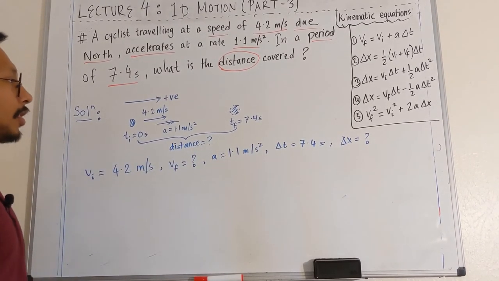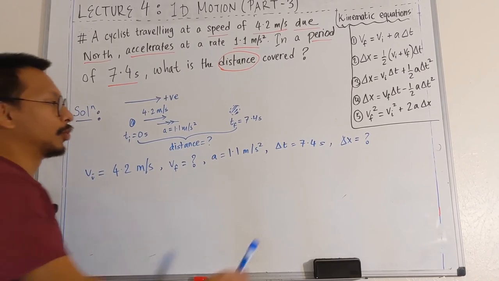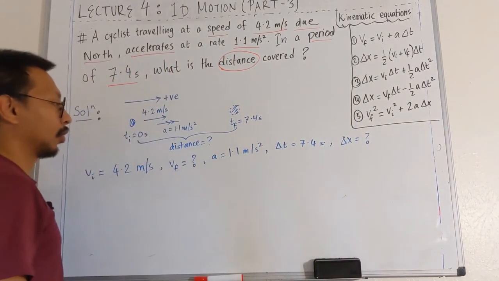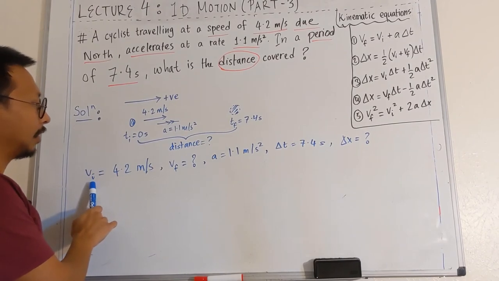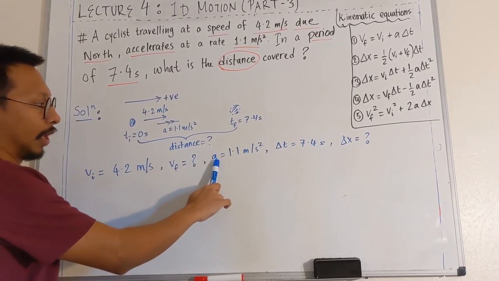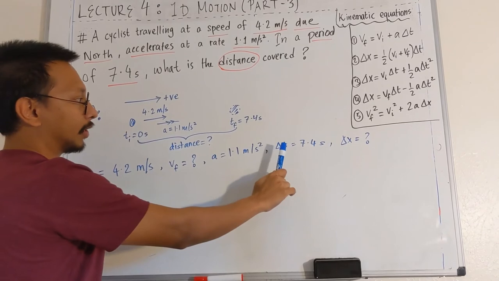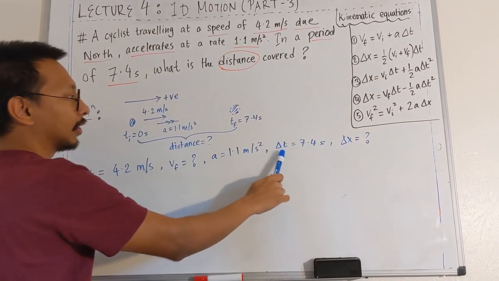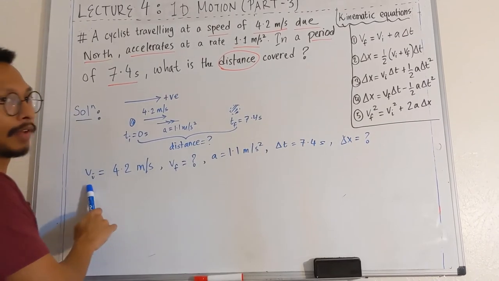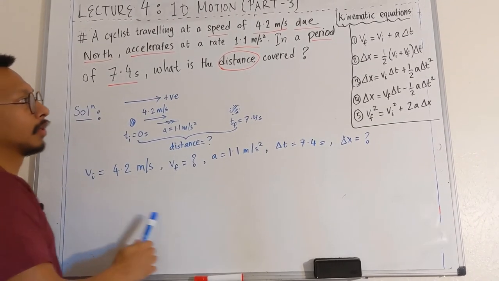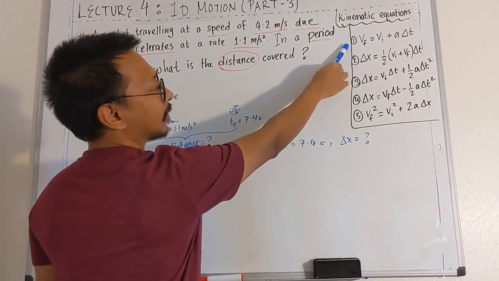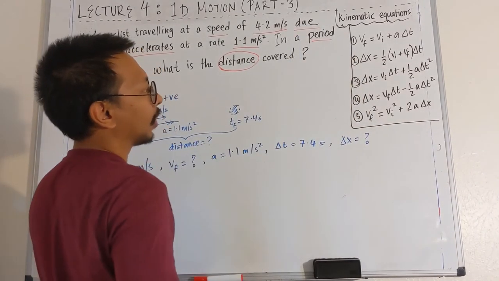So, which equation would you use to solve for delta x with Vi given to you, A given to you, and delta t given to you? So we need an equation with delta x, delta t, A, and Vi. Okay, so let's see which equation suits that. This doesn't have delta x, so we can't use number 1.